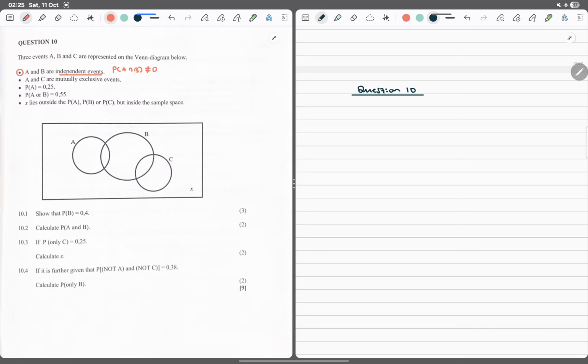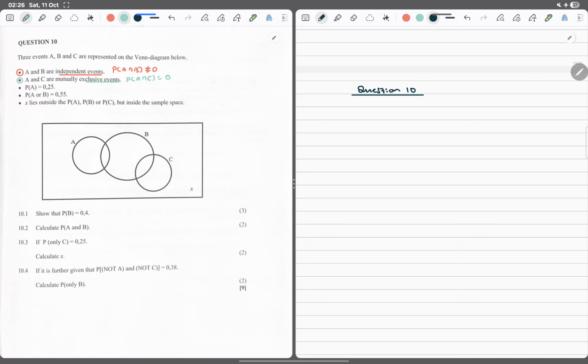Once they are independent, that intersection exists, okay? Great. A and C are mutually exclusive. Well, we can see A and C do not intersect at all. So we know that this means the probability of A intersect C is indeed 0.